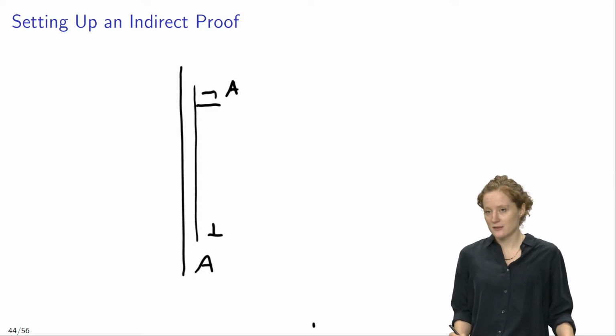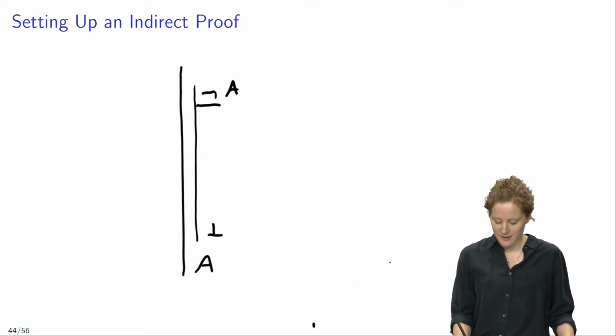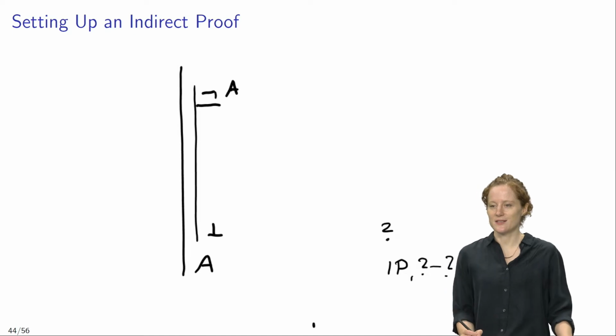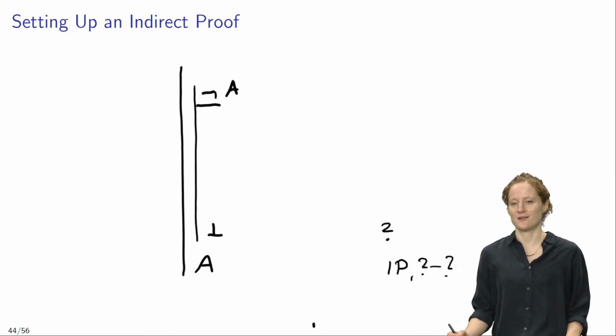And if you are able to do that, then you can infer A and cite indirect proof. Now I'll add some question marks here to remind myself that I have not actually established A yet. So I still need to fill in some blanks before I can conclude that A.